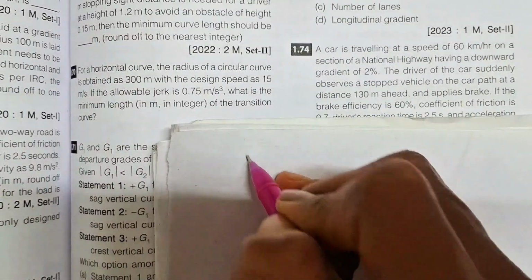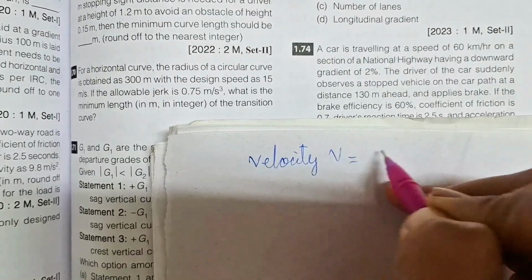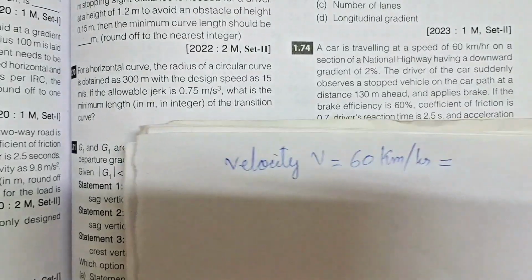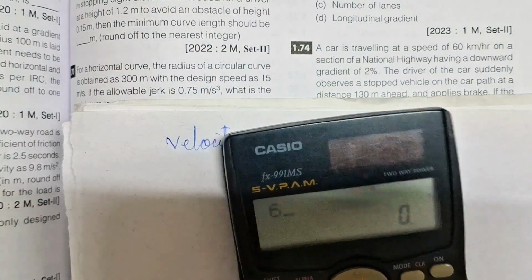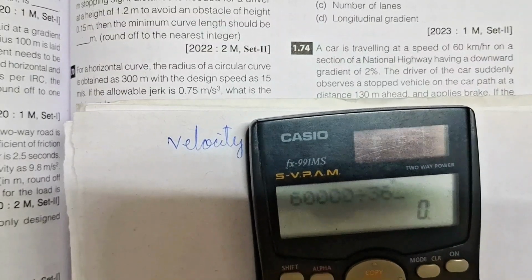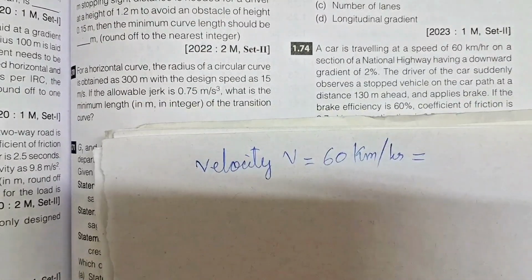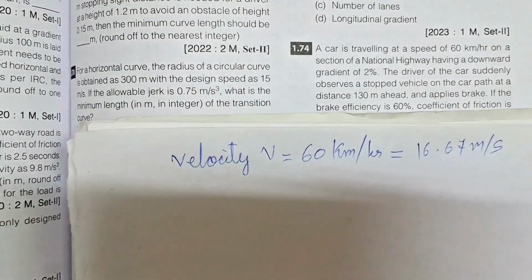So velocity is 60 km per hour. So here we will quickly convert it into meter per second. So 60,000 divided by 3600, it is 16.67. Okay, 16.67 meter per second, right?